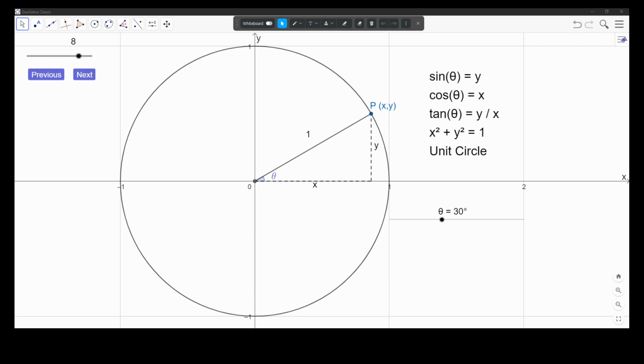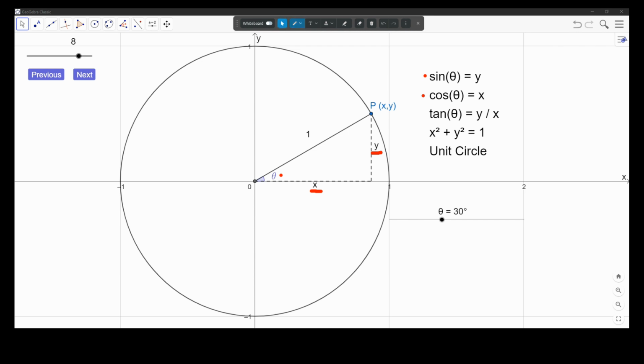And because we're interested in the angles only, this simplifies our relationship, so that now we can take the cosine of this angle theta and arrive at the x coordinate, and likewise for sine, we can take the sine of the angle theta and arrive at the y coordinate.